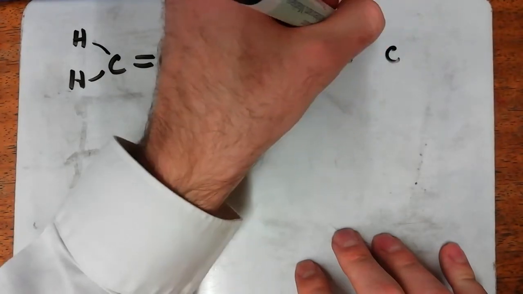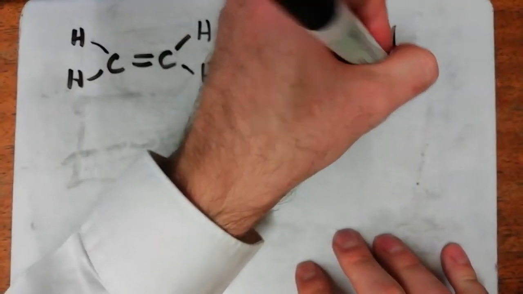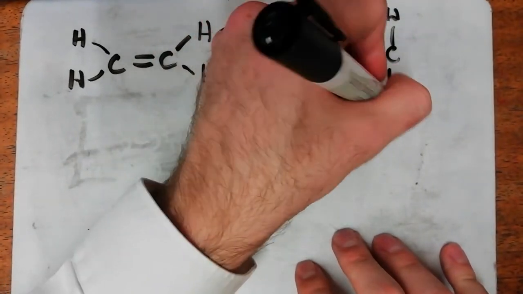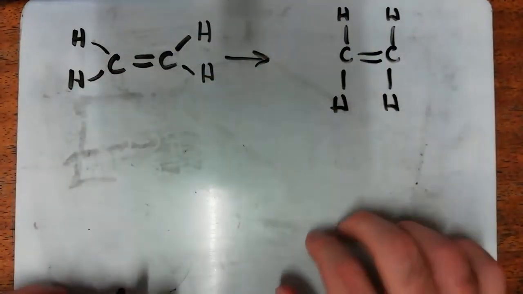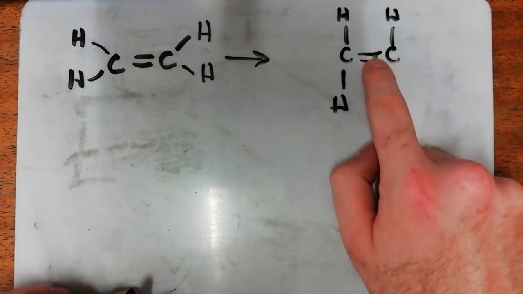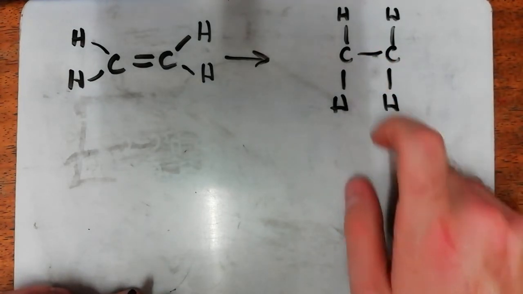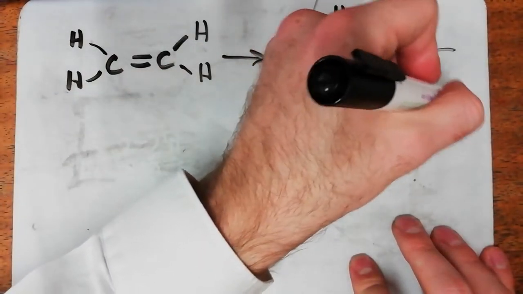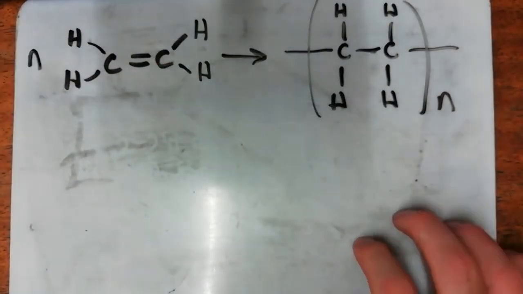So all those bonds become vertical, and here I've got a double bond, but I don't want a double bond in a polymer, I want a single bond, so I'm just going to turn that into a single covalent bond. I have large bonds coming out either side, and then I put big brackets around it and the number n.